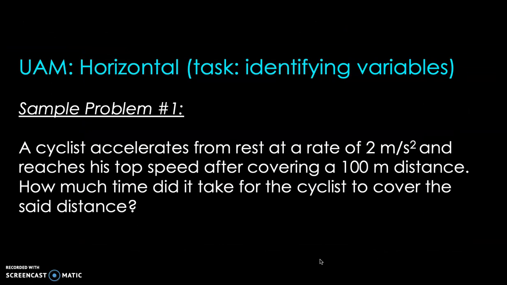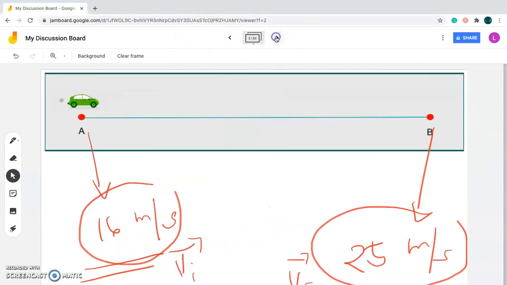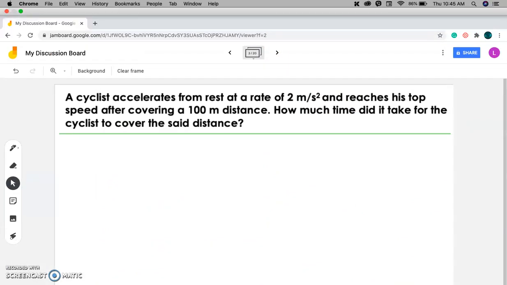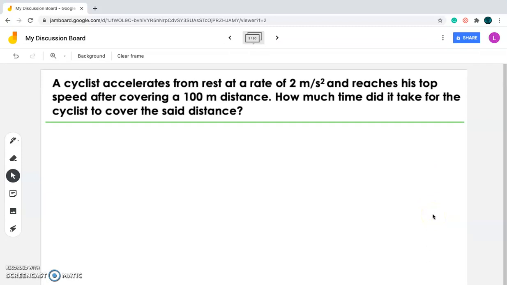But what I'd like us to do is to try identifying the variables in this given physics problem, okay? So let's try to work this out. Just the variables. We're not yet going to solve it entirely. So it says here, a cyclist accelerates from rest at a rate of 2 meters per second squared and reaches his top speed after covering a 100-meter distance.